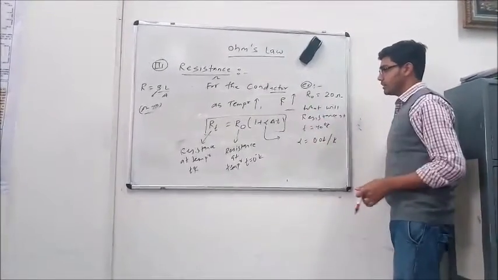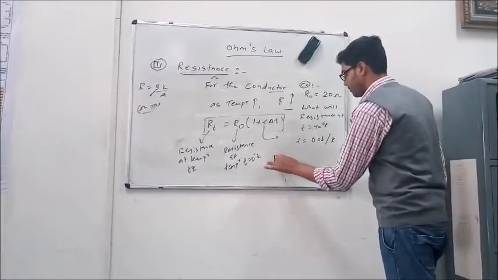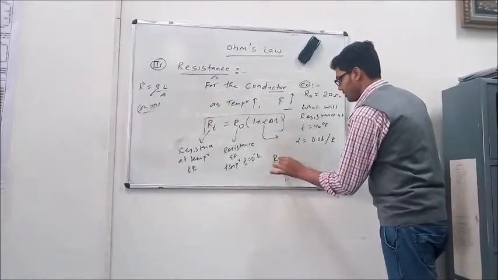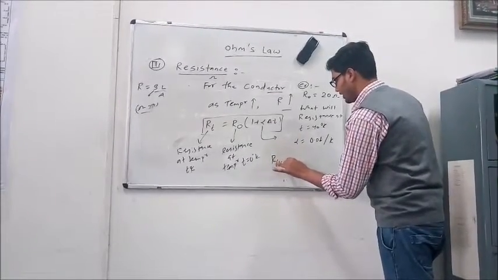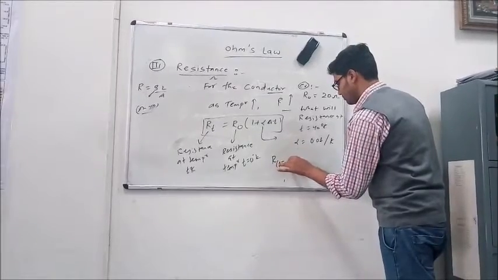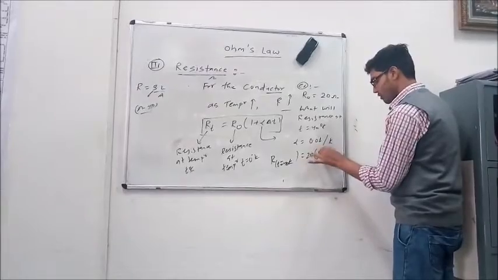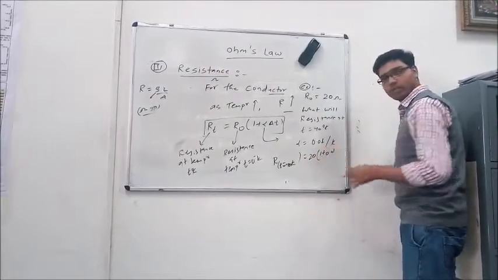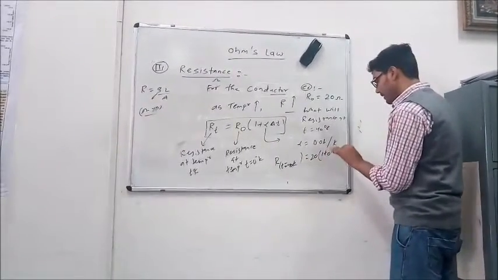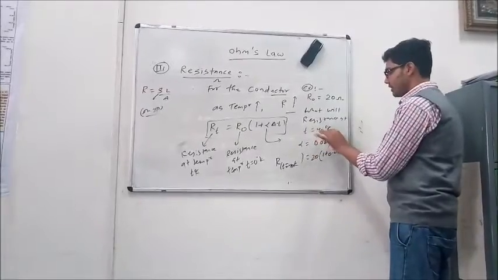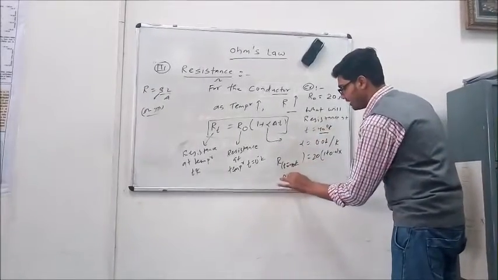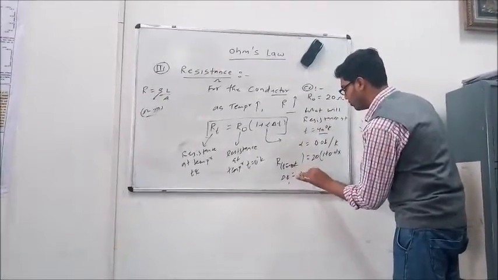If we put all this in, we will be able to calculate R at T equal to 40 Kelvin. R naught is 20 ohm, 1 plus 0.01 per Kelvin multiplied by the change in temperature. Change in temperature del T will be T2 minus T1.